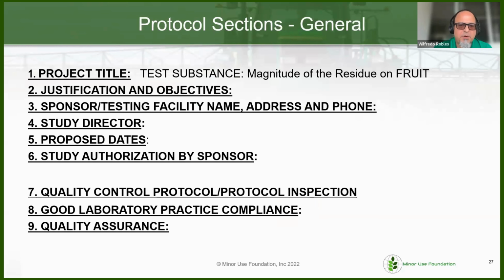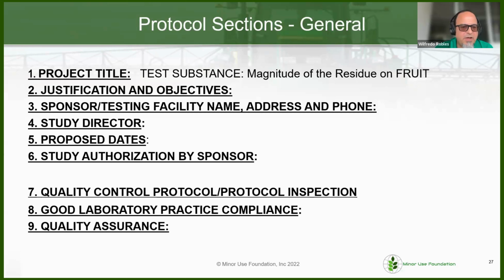So once you get that protocol, in general, the first 6 sections will be related to the justification of the protocol, proposed dates, and also the study director. You will see in section 4 who is in charge of this protocol. This is pretty important for you because this is the person that oversees the entire field study.